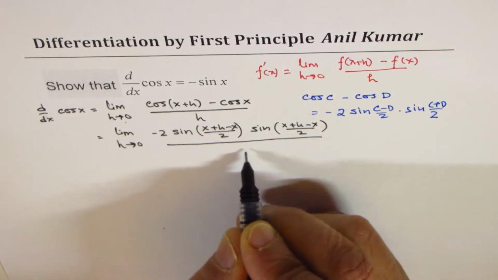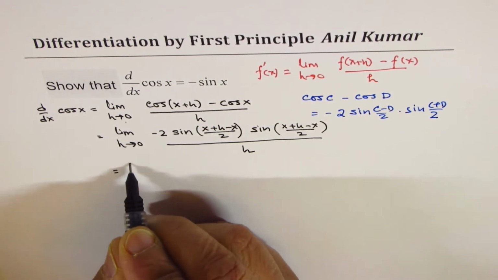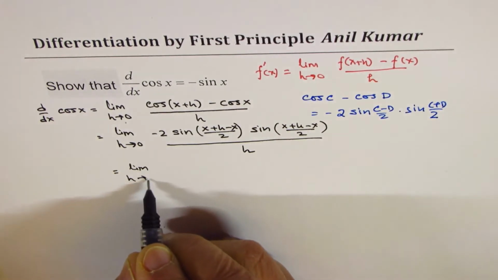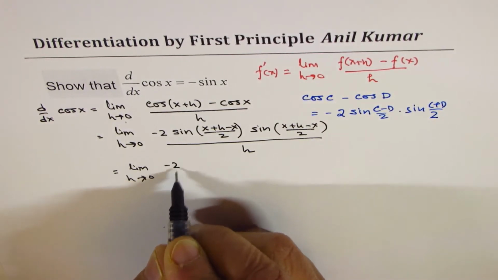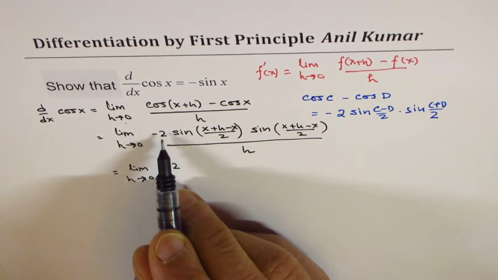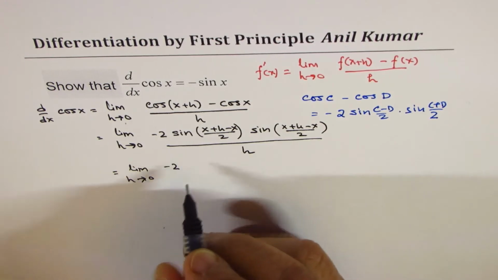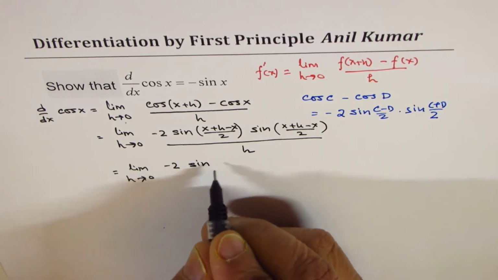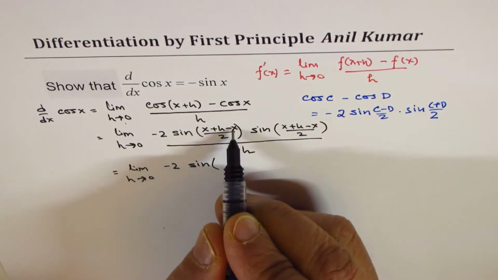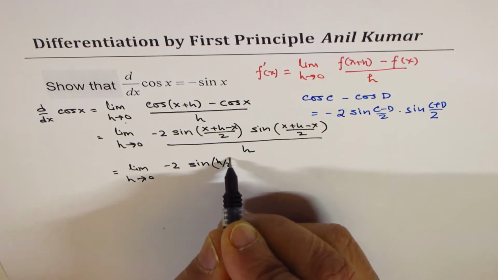Divided by h. So that gives you the limit h approaches 0 of minus 2. Well, I can bring this minus 2 here, right? So, okay, let me do it in the next step. So we have sine of x minus x is 0, so we get h over 2 here.